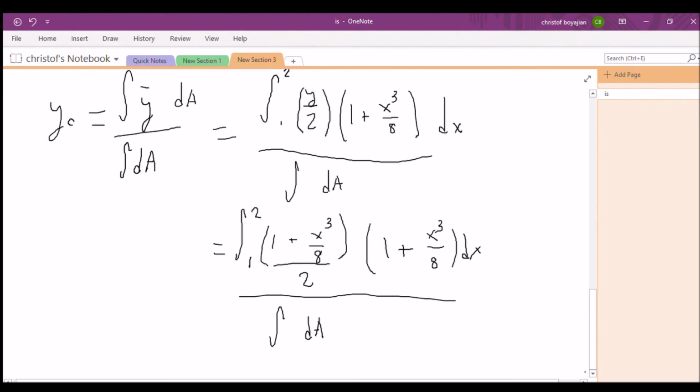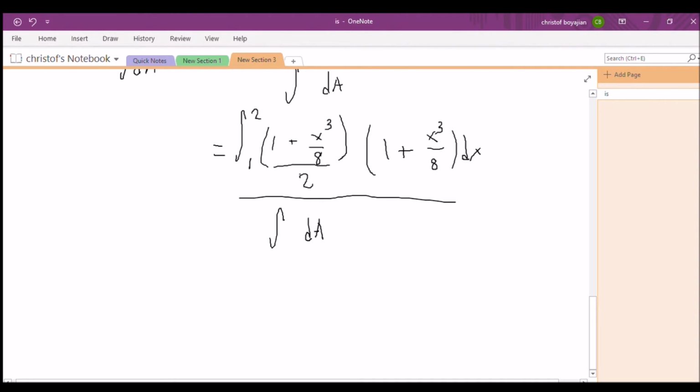All right, well, we can take out this constant, right? This constant of 1/2, so we can take that out. So we'll have 1/2 of the integral. Now let's go ahead and FOIL right here. So if we take out this 1/2 and we bring it out here, which I did already right here, this is actually 1 plus x cubed over 8 squared, right? These two expressions are exactly the same. So let's go ahead and FOIL.